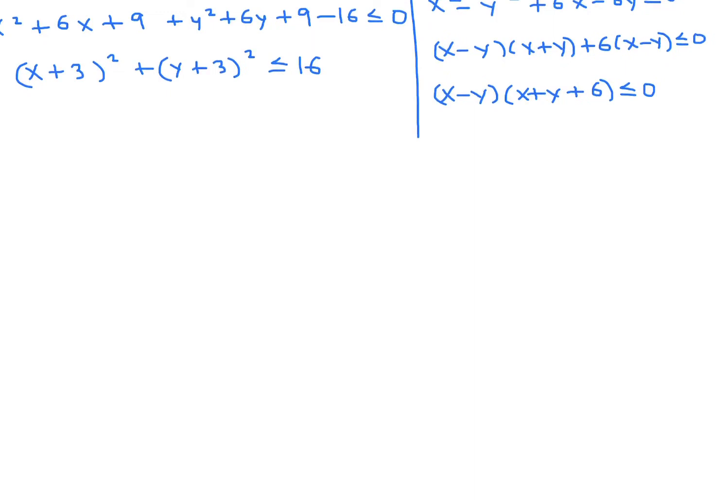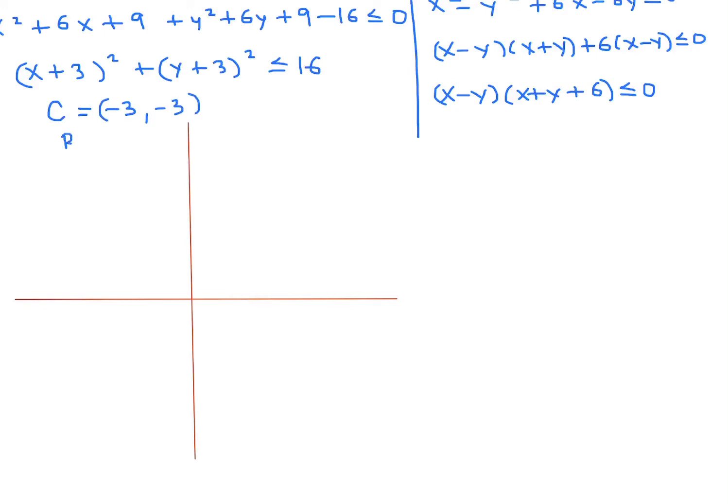So let's make a graph. So we've got x and y, like that. And the first one is basically a circle, and it has a center of -3, -3, and it has a radius of 4.